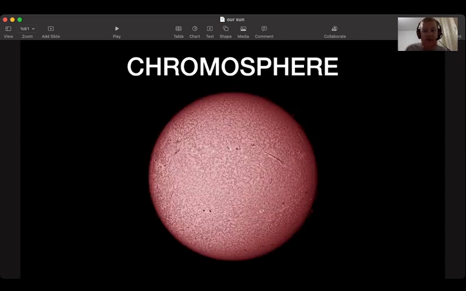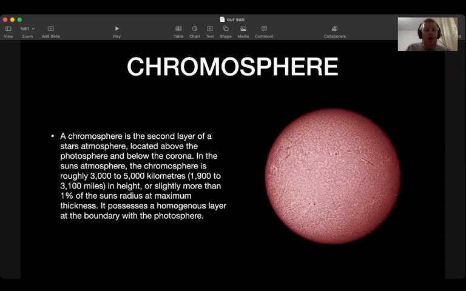Next, the chromosphere. A chromosphere is the second layer of a star's atmosphere, located above the photosphere and below the corona. In the sun's atmosphere, the chromosphere is roughly 3,000 to 5,000 kilometers, which is roughly 1,900 to 3,100 miles in height, or slightly more than 1% of the sun's radius at maximum thickness.